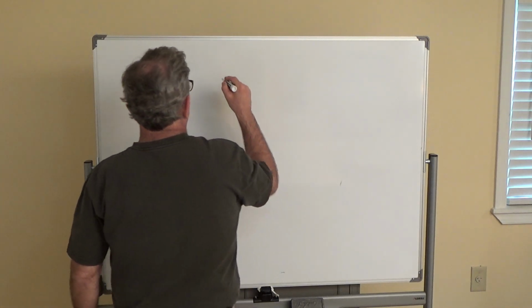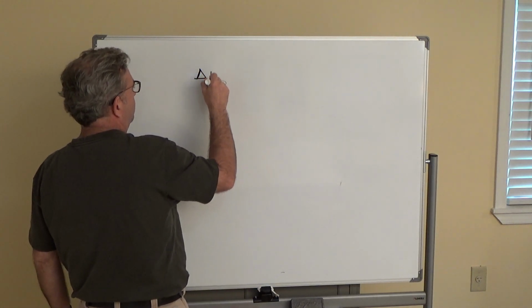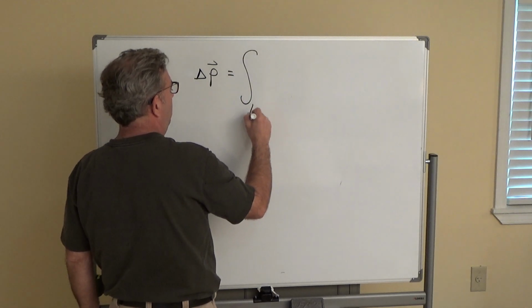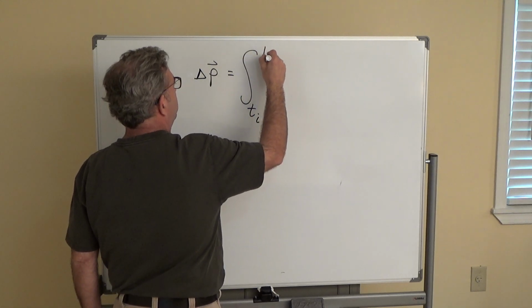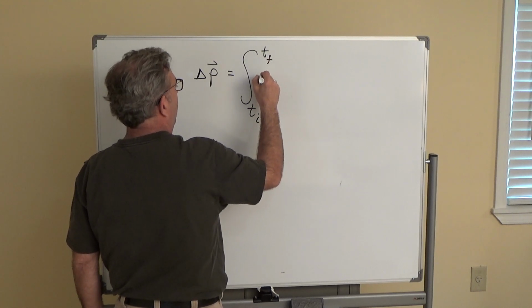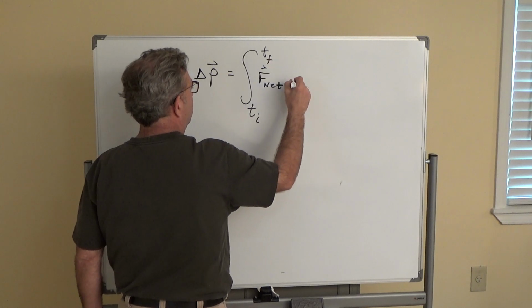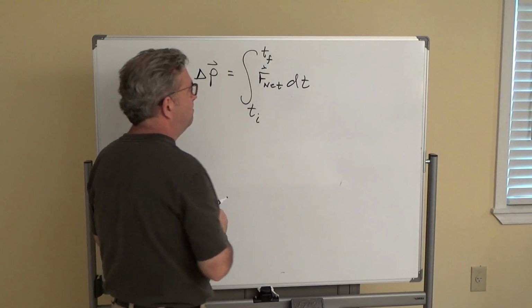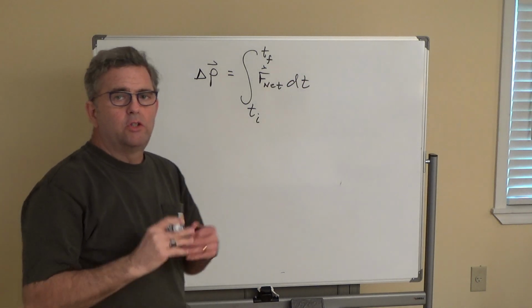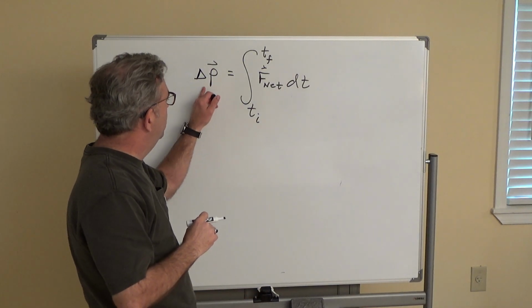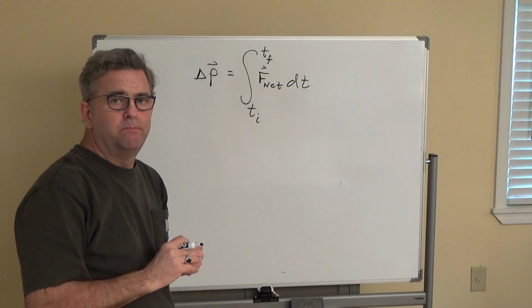Well, the change in momentum of an object is equal to the integral from t initial to t final of the net force acting on the object, dt. Okay? So a force multiplied by a time gives you a change in momentum. All right?